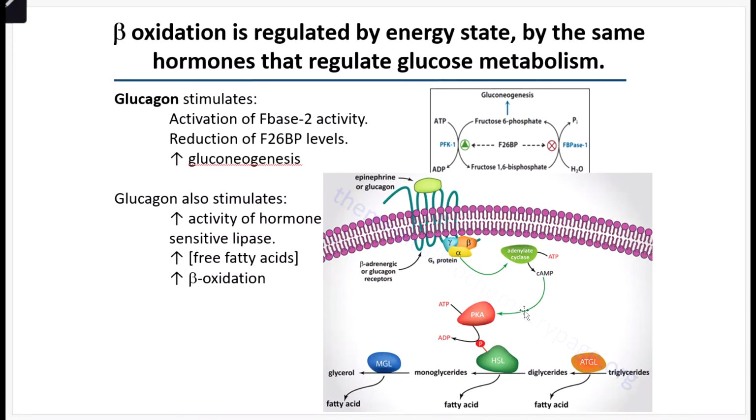This will result in activation of a kinase, which will phosphorylate your hormone-sensitive lipases, which will then bind to TAGs in the fatty acid storage and produce free fatty acids. And so glucagon stimulates hormone-sensitive lipases, which will generate free fatty acids, which will increase beta oxidation through substrate availability, right? More fatty acids, more beta oxidation.